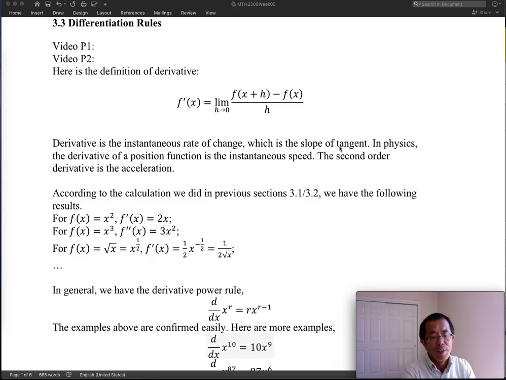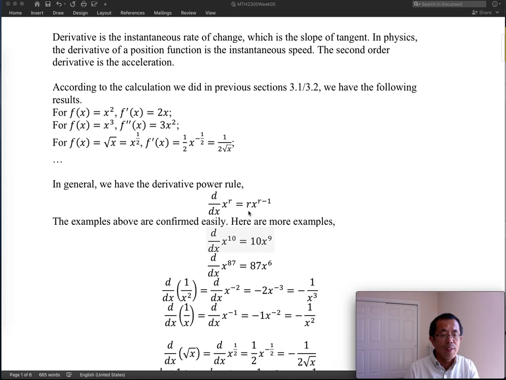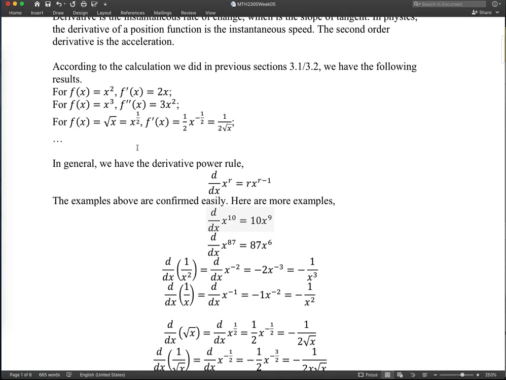So really, the first formula or the first rule is called the derivative power rule. To get the derivative power rule started, let's take a look at some of the calculations we did in the previous sections, like this one right here. F of x equals x squared, and I hope we still remember the derivative turned out to be 2x.